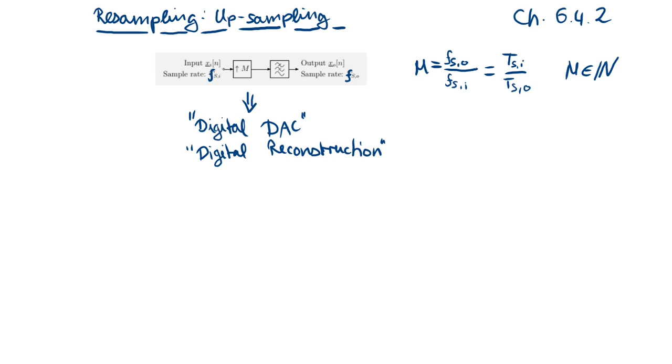And please also mind that here there is a low pass filter too, and here it is always required. To make an analogy to analog systems, we had the reconstruction. We learned in chapter 4 about the inverse process of digital to analog conversion.